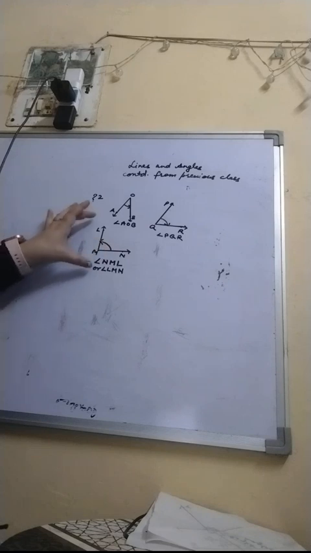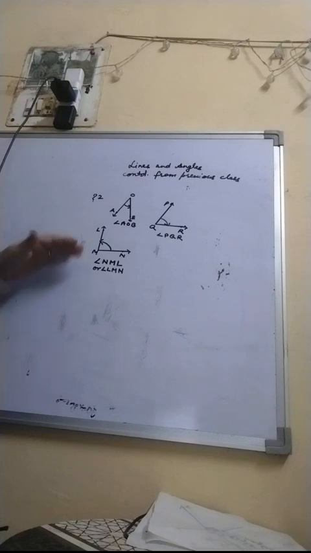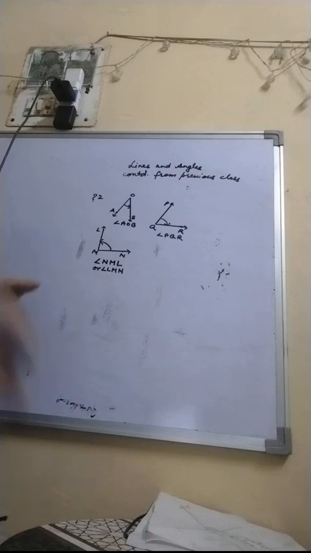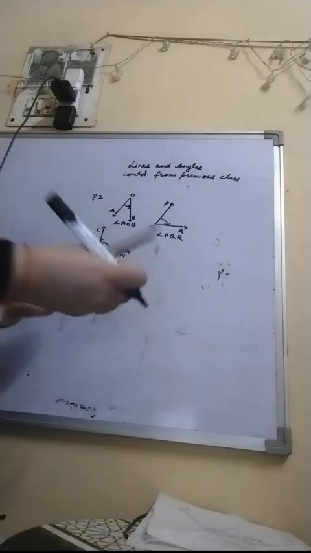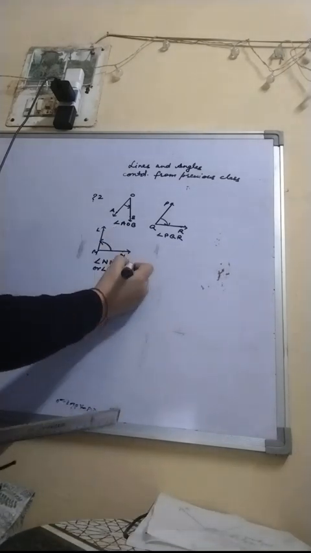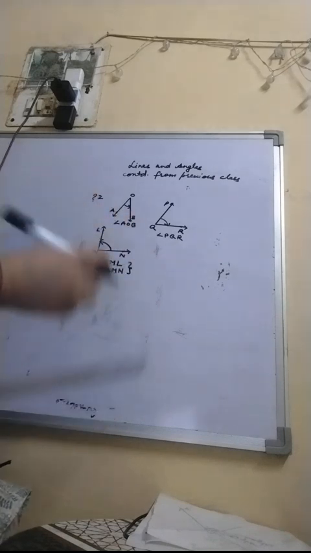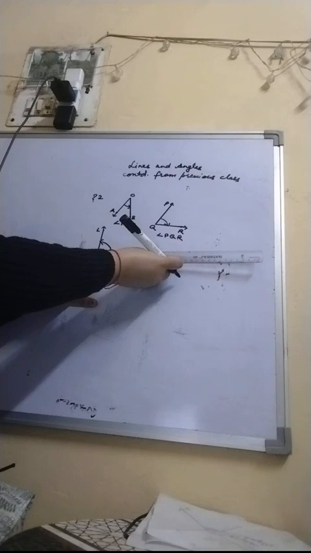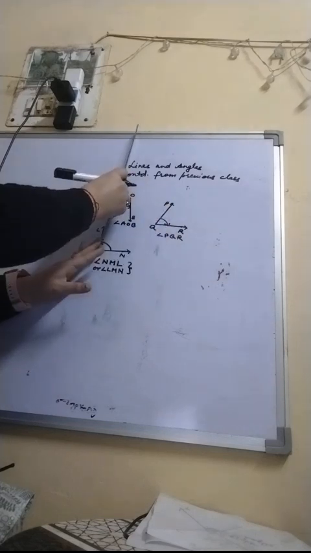Because in further classes you would measure the angle, and in that case you would have to know from which ray you have to start. So for naming it won't make any difference, but the measuring would be starting from MN and going till LM.